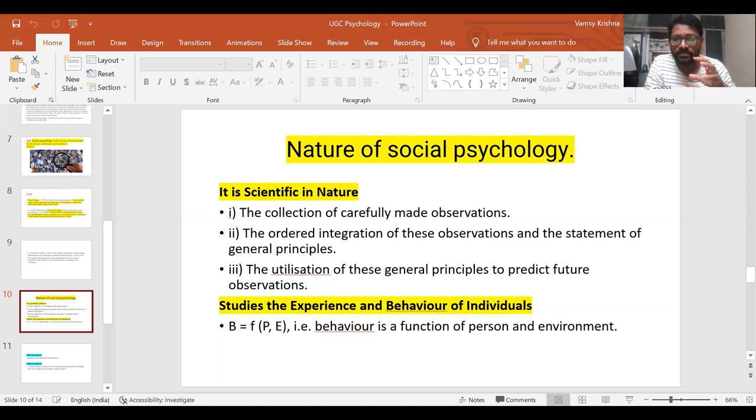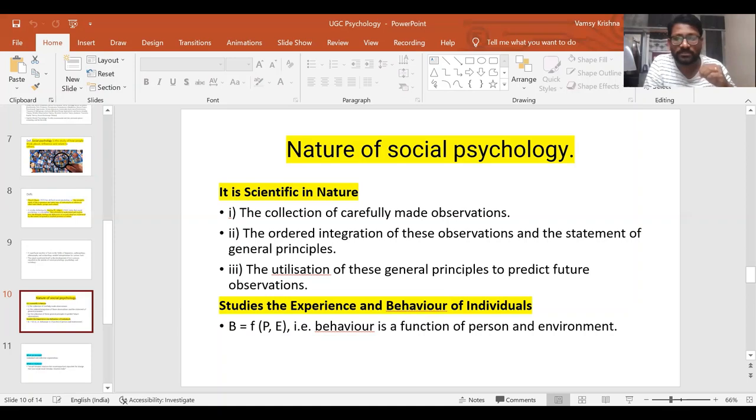Without the collection of data or proper information, it is very hard to carry out scientific inquiry, right? So the first basic step is the collection of carefully made observations with an attitude of skepticism. That's the first and foremost step.